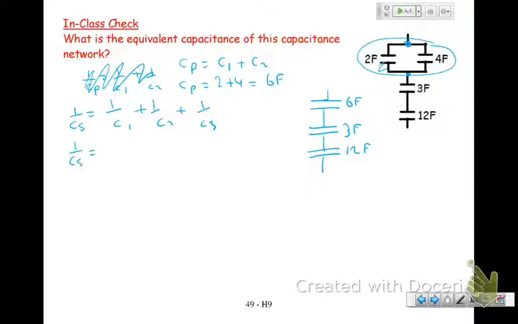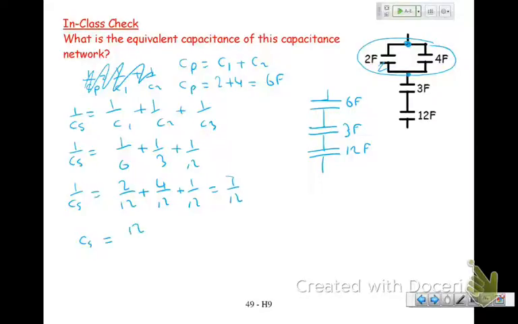So 1 over C series equals 1 over 6 plus 1 over 3 plus 1 over 12. So 1 over C series is equal to 2 over 12 plus 4 over 12 plus 1 over 12, which equals 7 over 12. So C series is equal to 12 over 7.